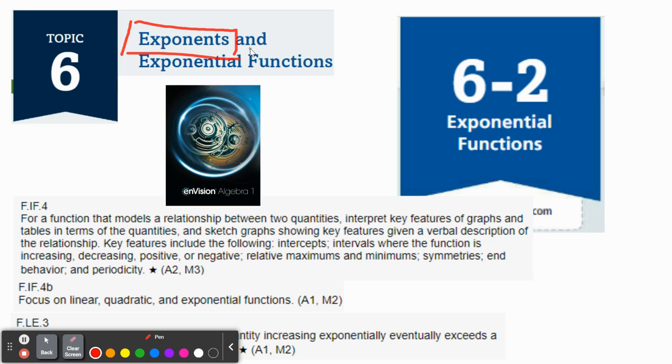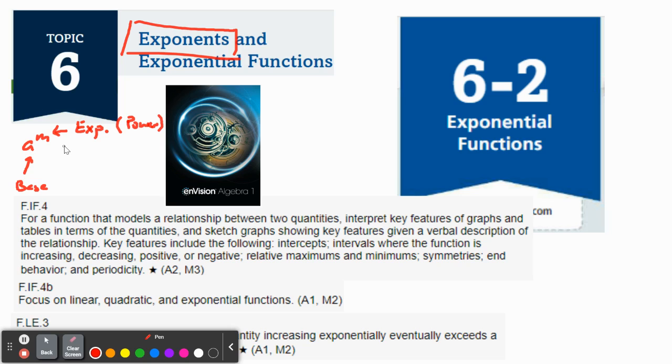So the idea of exponents here: a to the m. This is a big A. We call that A the base. And then this m right here, we're going to call that the exponent. You can also call that the power.